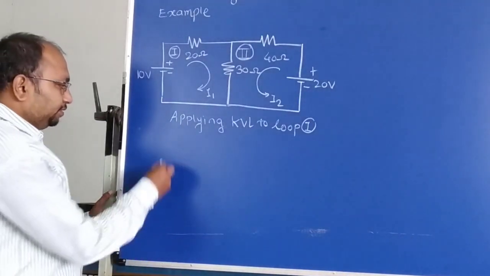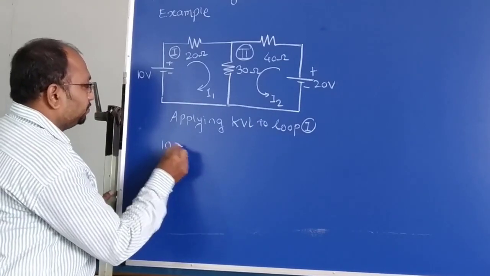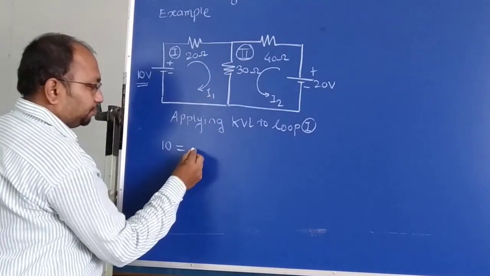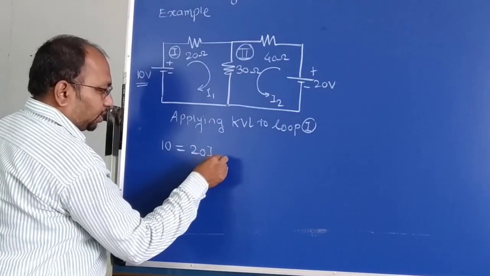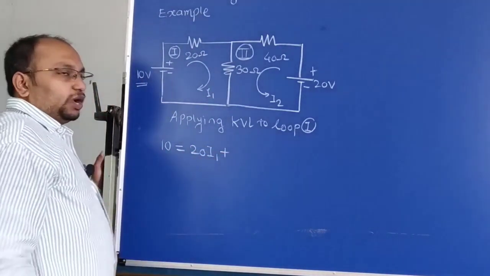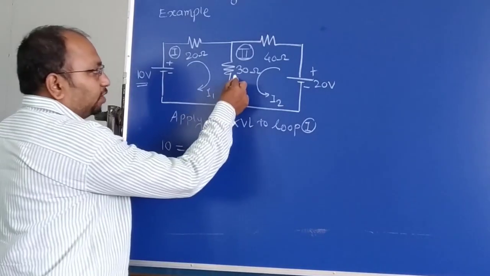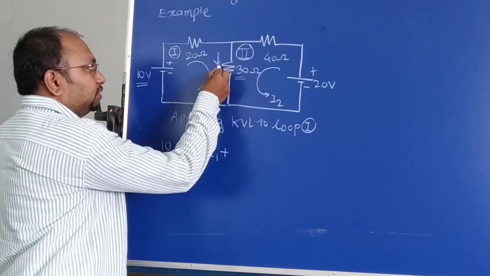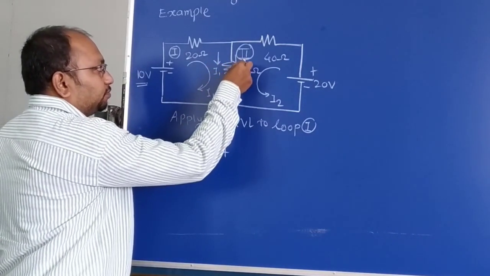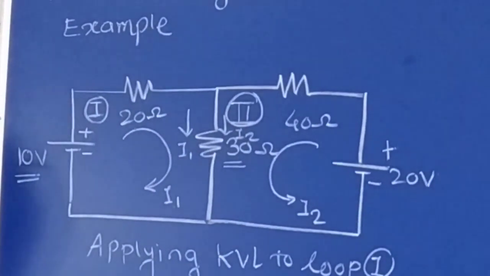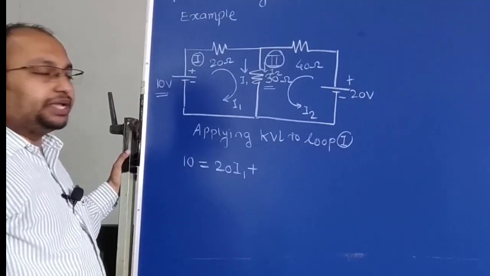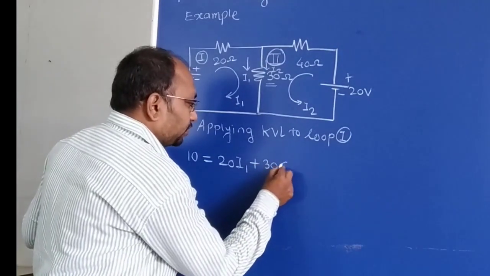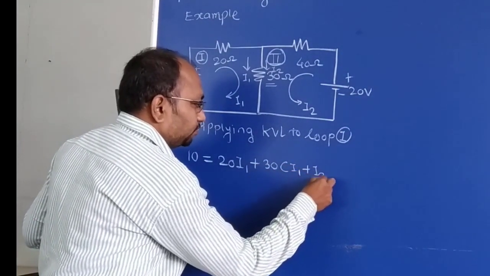How to apply it? 10 volt is equal to 20 into I1 plus, now I hope you still remember that through this 30 ohm resistor two currents are flowing, that is I1 and I2. Isn't it? Both the currents are in the same direction, so ultimately we need to take their addition. So 30 into (I1 plus I2).